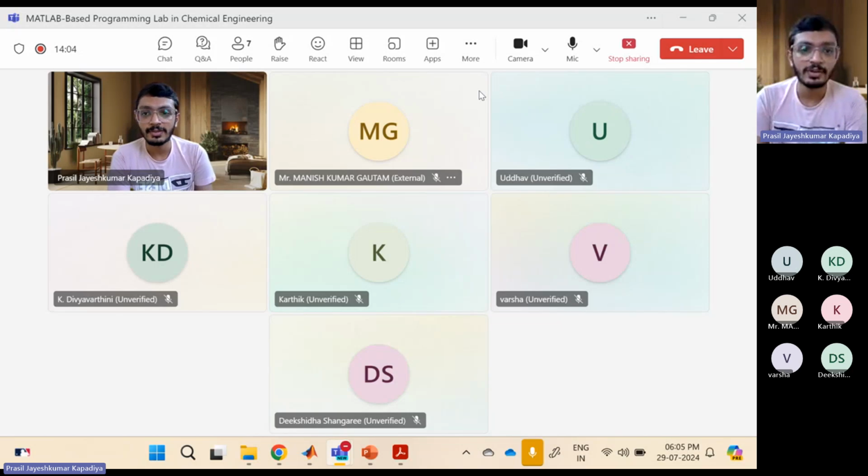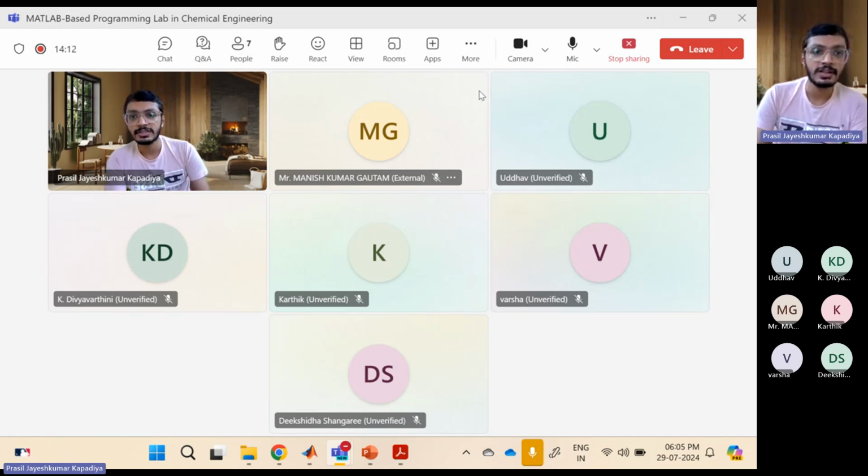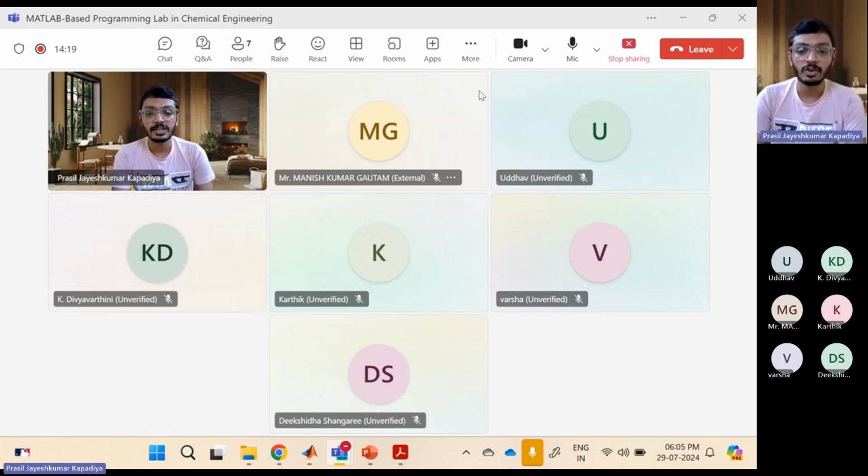Other than you, I guess everyone will be from chemical engineering background only, because this course is mostly for chemical engineers. And I just want to know if anyone has used MATLAB previously, or this is the first time that you are enrolling in such a course. Anyone, please willing to respond?